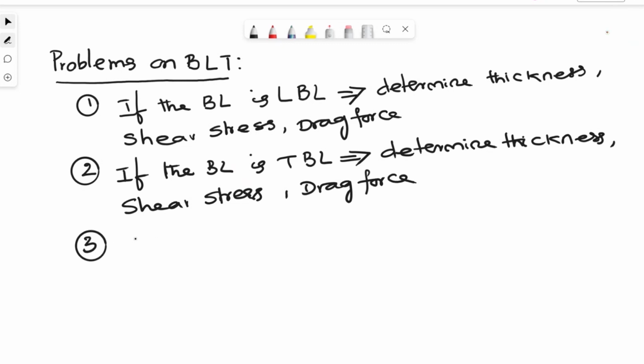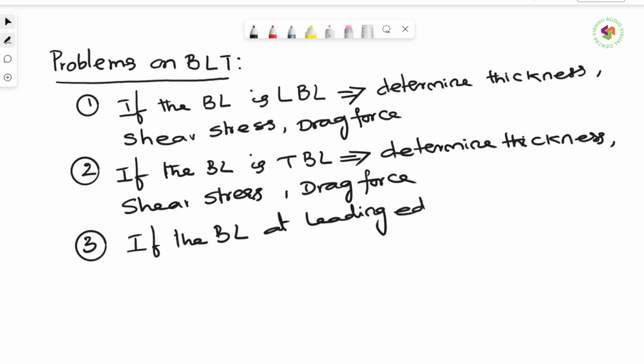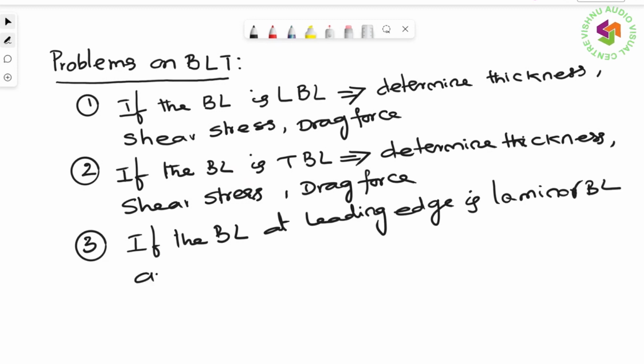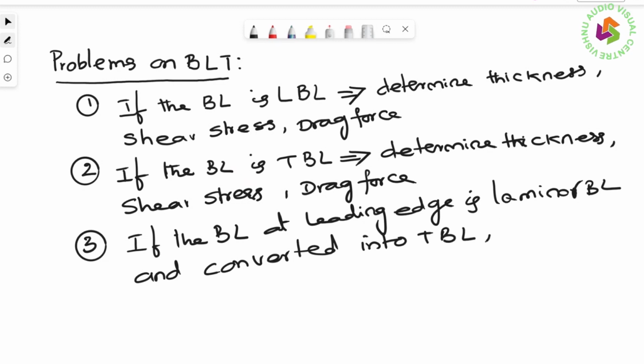Third problem is if the boundary layer at the leading edge is laminar boundary layer and converted into turbulent boundary layer, then we don't need to discuss thickness because wherever you are finding the thickness, use the relevant formula for whether laminar boundary layer or turbulent boundary layer and calculate.